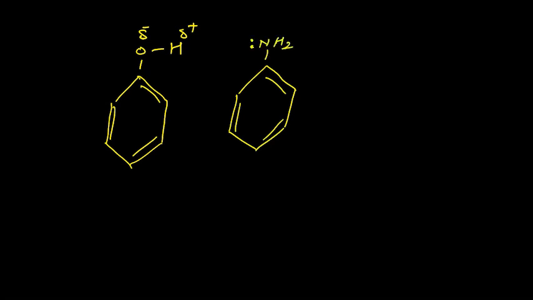This nitrogen has electrons. So there is hydrogen bonding between hydrogen and nitrogen. Hydrogen bonding is with nitrogen, oxygen, and fluorine only. You know that when hydrogen has dipole interaction with nitrogen, oxygen, and fluorine. So here with nitrogen, this is stronger.